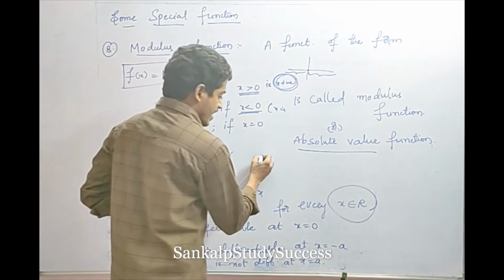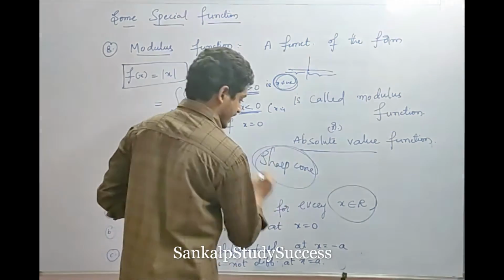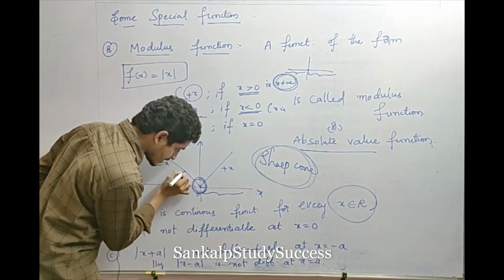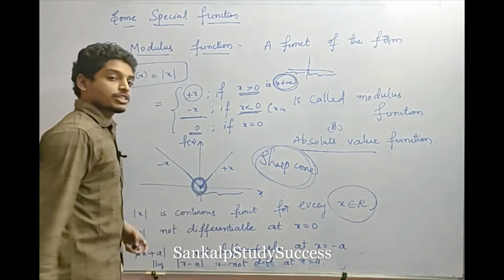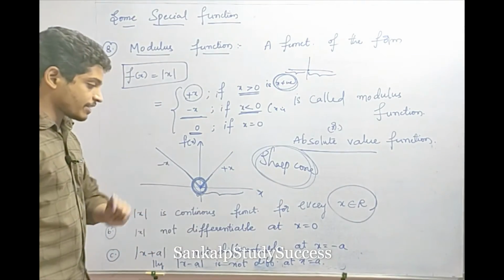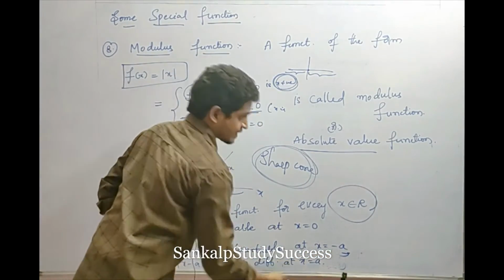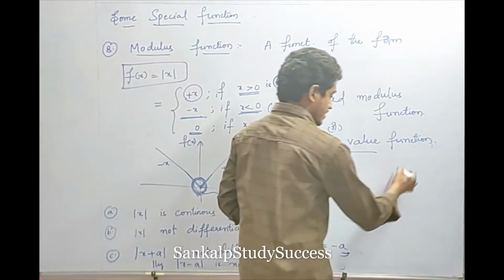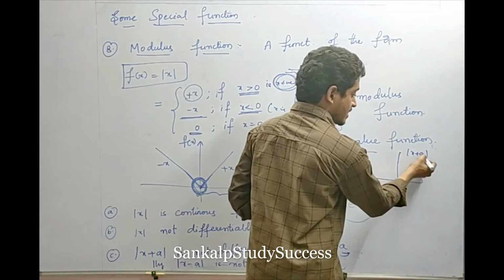Remember, whenever there is a sharp cone in the graph, at that particular point, see, friends, here there is a sharp cone, right? At this particular point, the function is not differentiable. Next, modulus x plus a is not differentiable at x equal to minus a, and mod x minus a is not differentiable at x equal to a. What does it mean? See, friends, in mod x plus a, at x equal to minus a, it becomes 0.